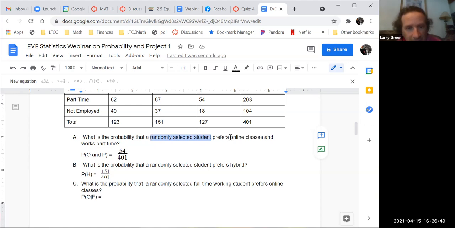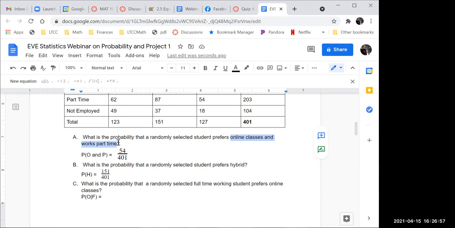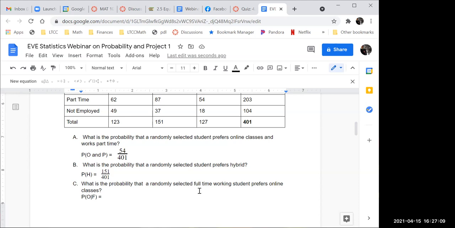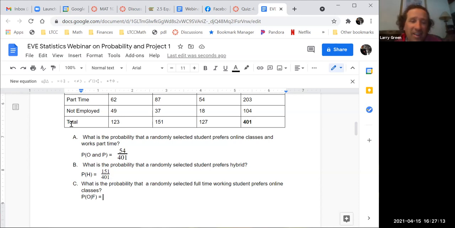And after the verb prefers, there's online and working part-time. Do you see the and? Yeah, I see the and. Whereas part C is the probability that a randomly selected full-time student. So now we're told they're full-time. We're not seeing if we get lucky and get a full-timer. Do you see that? Okay.